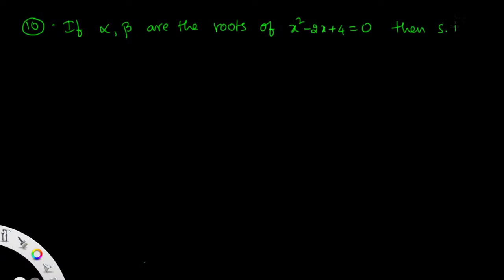Question number 10: if alpha, beta are the roots of x square minus 2x plus 4 equal to 0, then prove that alpha to the power of n plus beta to the power of n equal to 2 to the power of n plus 1 into cos n pi by 3. So that is the question.